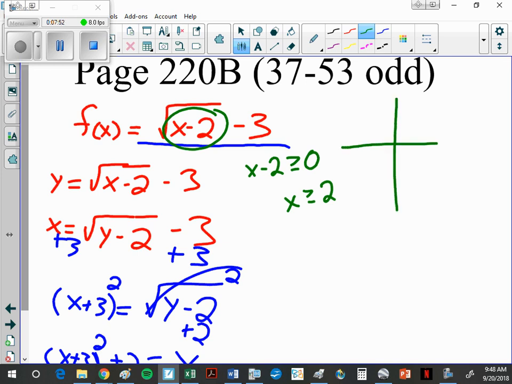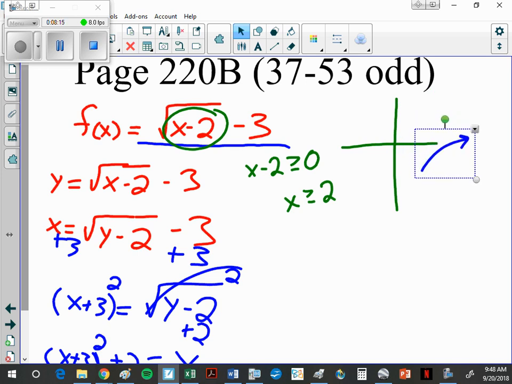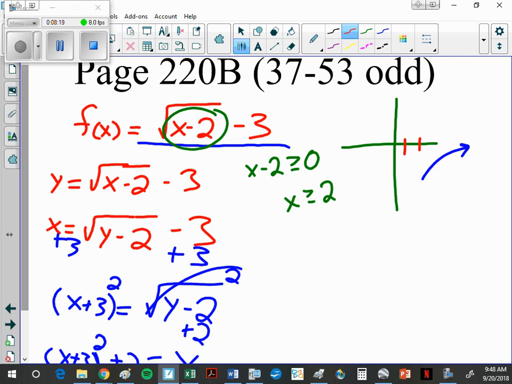So if I draw this, the square root graph looks like that. Where is this particular square root graph? Well, if I do transformations, the negative 2 moves it right 2, and the negative 3 moves it down 3. So right 1, 2, down 1, 2, 3.